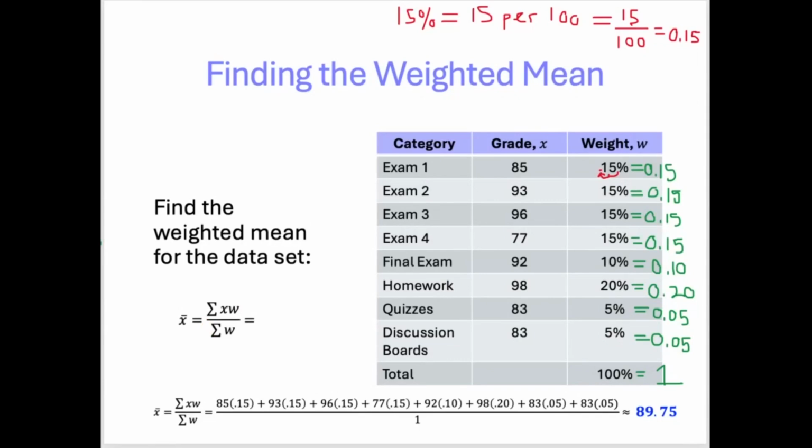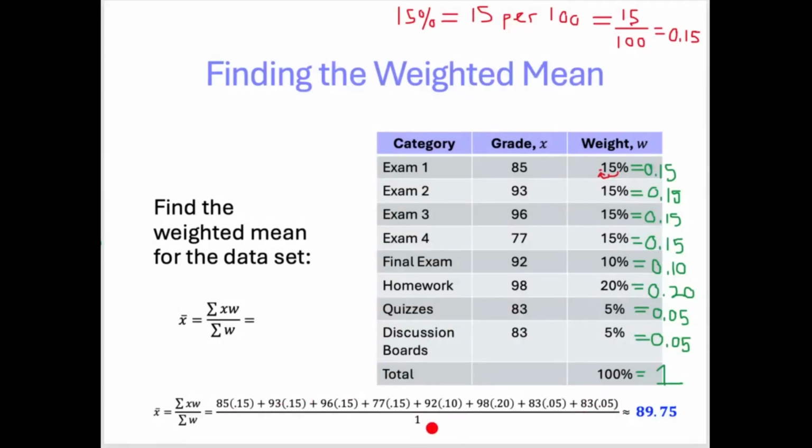For this particular example, the first x value is the grade of 85, and its weight is 0.15. We add that to the second one, 93, times its weight of 0.15. The third one, 96, times its weight of 0.15. And so on all the way down to the last grade of 83 times its weight of 0.05.